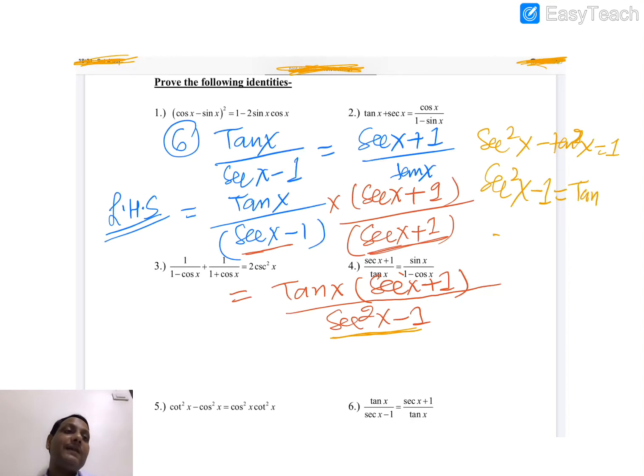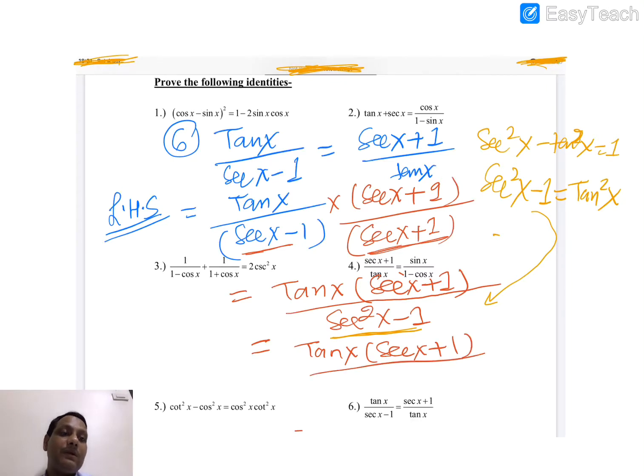As we are seeing here, we can write sec square x minus 1 is equal to tan square x. So you implement that here. We are going to get finally tan x and sec x plus 1 over tan square x. One tan x got cancelled.